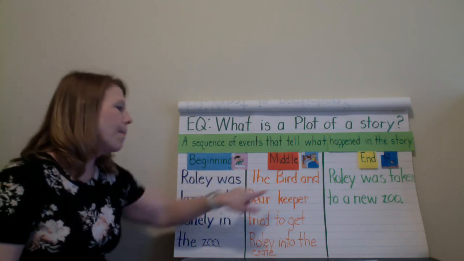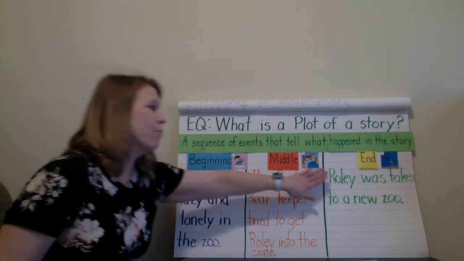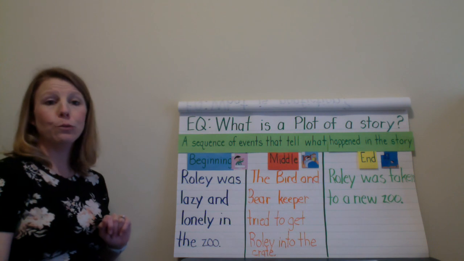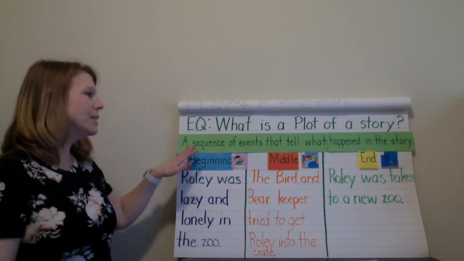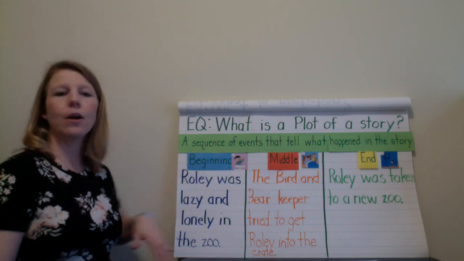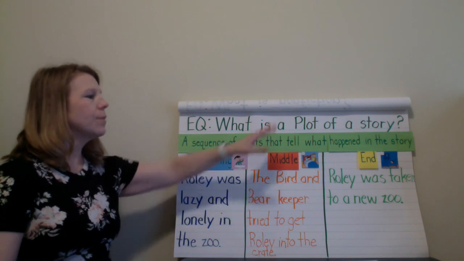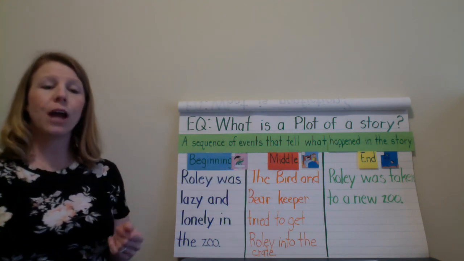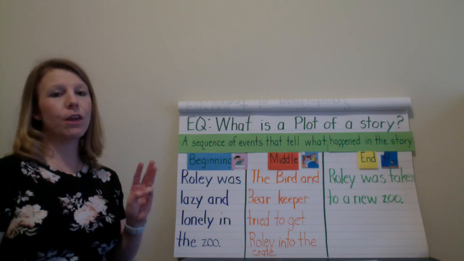The bird and bear keeper tried to get Rolly into the crate, and then Rolly was taken to a new zoo. So remember, plot tells what happens in our story. It goes in order, and it always has something from the beginning, something from the middle, and something from the end.